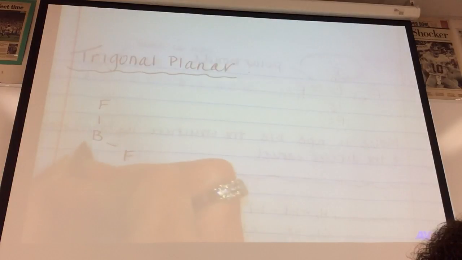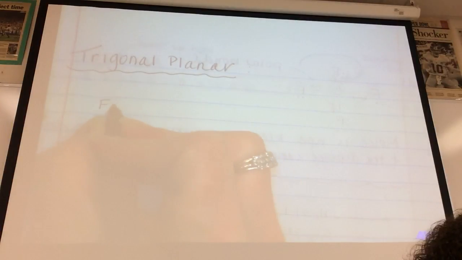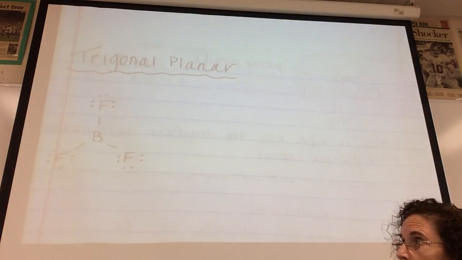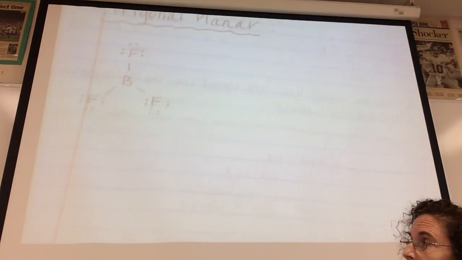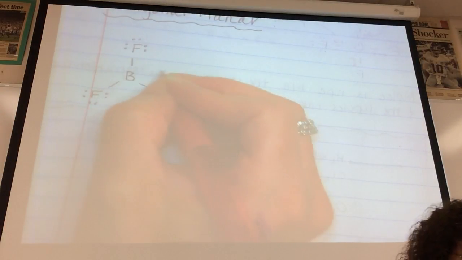Boron is very interesting because boron does not have an octet. It forms 3 bonds, no lone pairs. We don't do that much compound drawing with it, but it does come up in the shape and polarity section. So boron has an incomplete octet. It has a sextet, if you will, 6, or a hexatet. I think you'd say sextet. Yes.